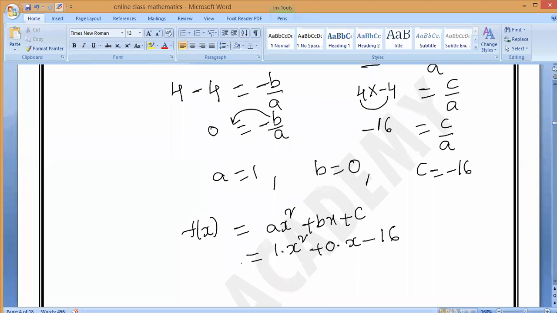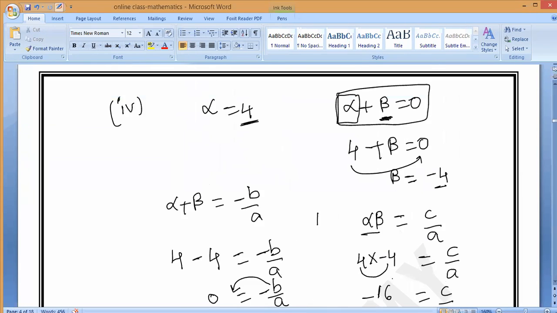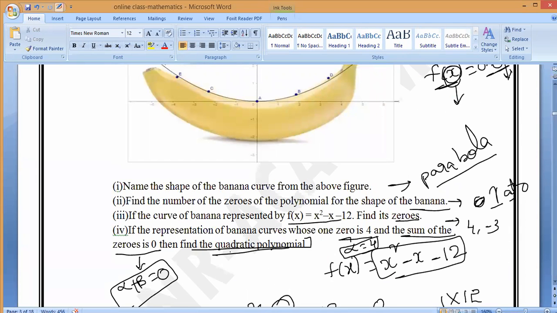The equation becomes 1 into x square, 0 into anything is 0, minus 16. So our polynomial function f of x equal to x square minus 16. Do you understand? Yes, ma'am. So our required polynomial is x square minus 16. This is the final answer.